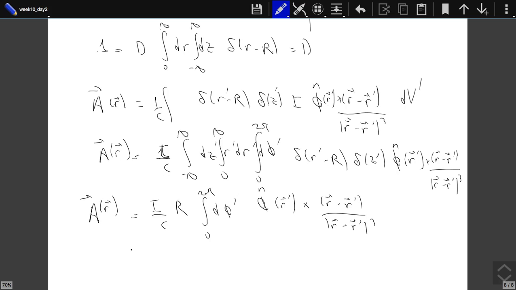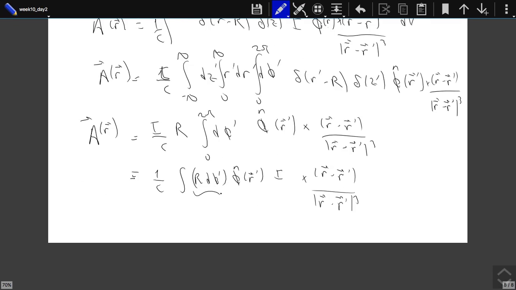Well, this is not a great surprise, by the way. Just look at this expression. This is nothing but 1 over c, R d phi prime times in the phi hat direction times I cross r minus r prime over r minus r prime cubed. But you see, this thing over here is nothing but R dl. So this expression is actually, the vector potential is I dl cross r minus, oh sorry, what did I do? It's not r minus r prime over r minus r prime cubed.